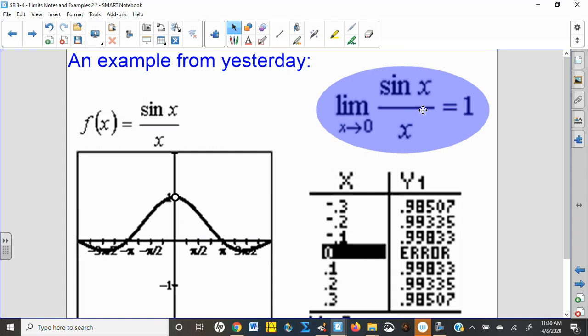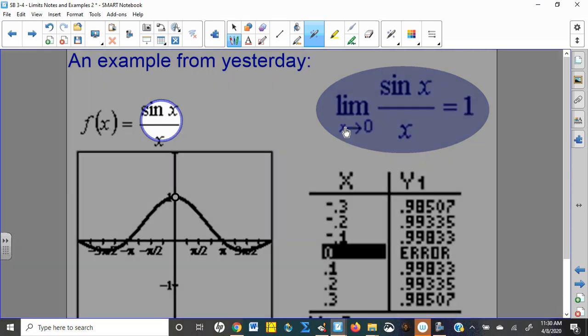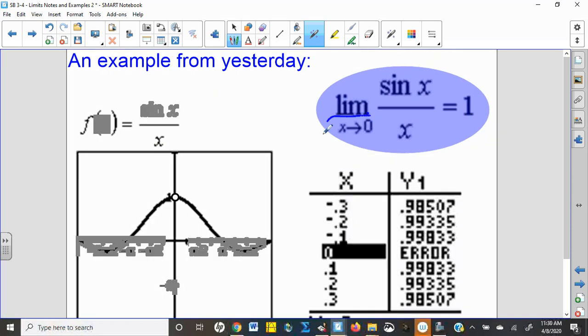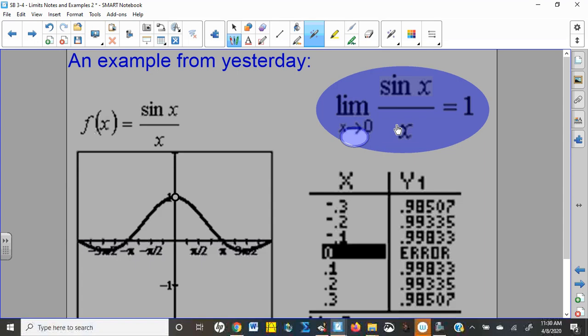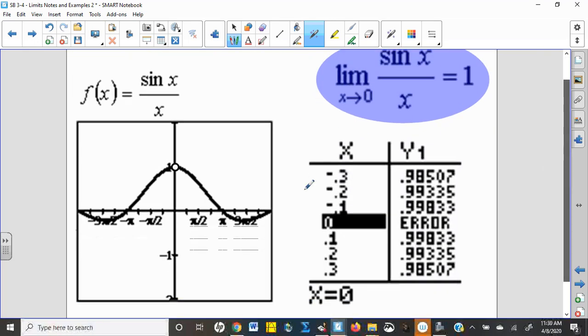What is the limit of this function right here, sine of x over x, as we approach 0? And what we found through a picture yesterday is that we do have a limit because from the left and from the right, both directions, I'm approaching a height of 1.